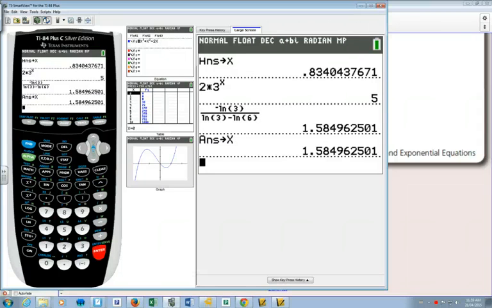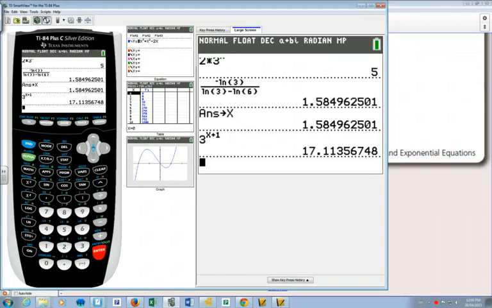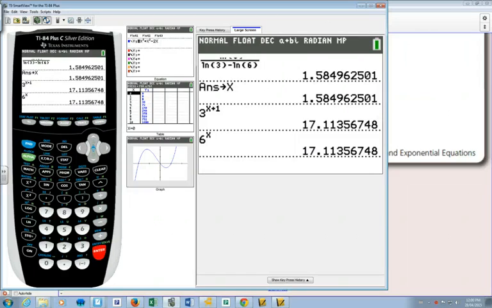Now the original question had 3 to the power x plus 1 on one side. And if yours doesn't go up like this small, you need to put brackets around it. That happens to be 17.1. And when I check 6 to the power x, because that was the right side of my original equation, I also get 17.11.